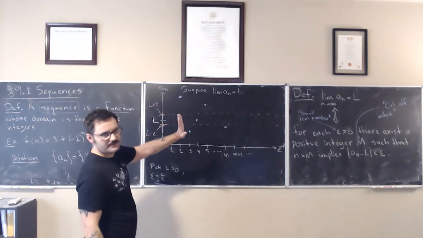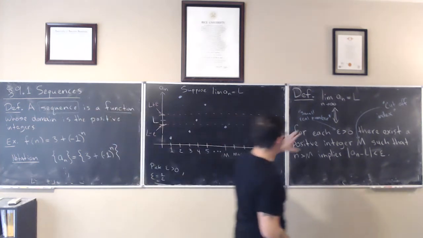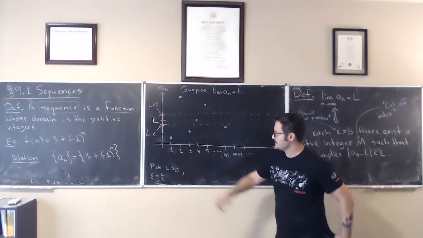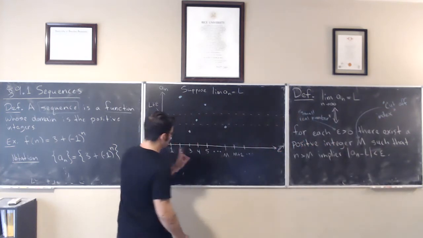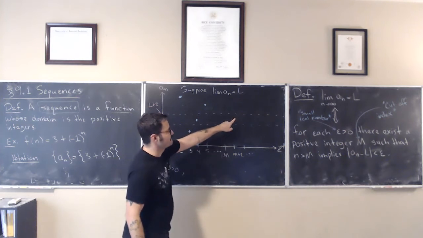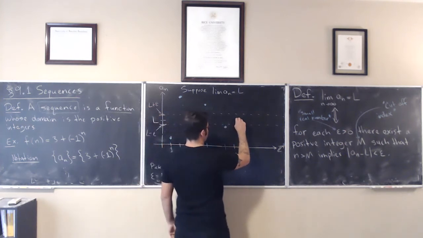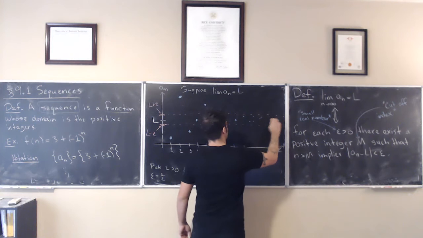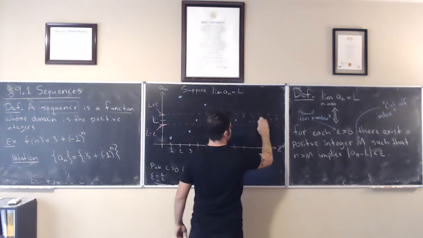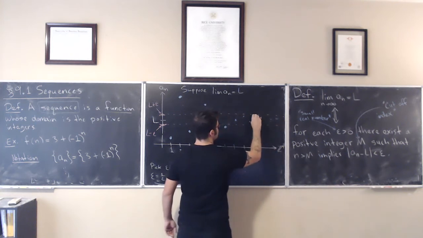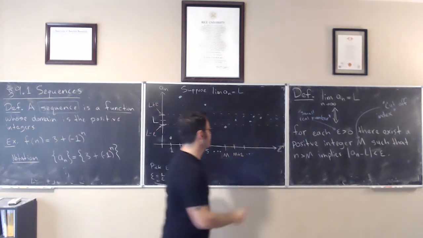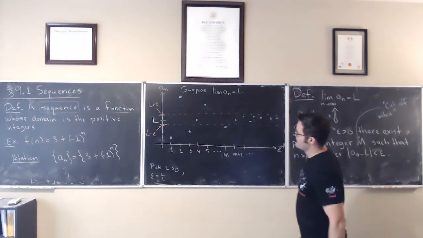This is all fine and dandy. But since this definition is true, and that's the M that we got for that epsilon, everything past this point better be plotted in there. They can be there, there, there. Everything must be inside of here, off to infinity.